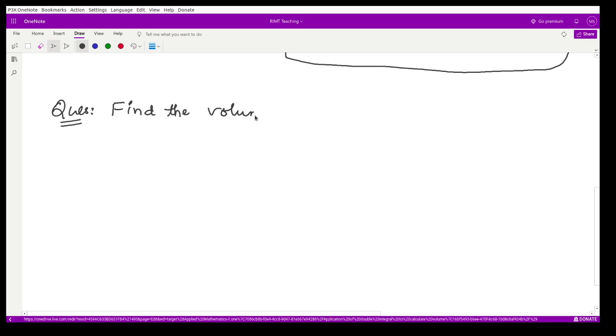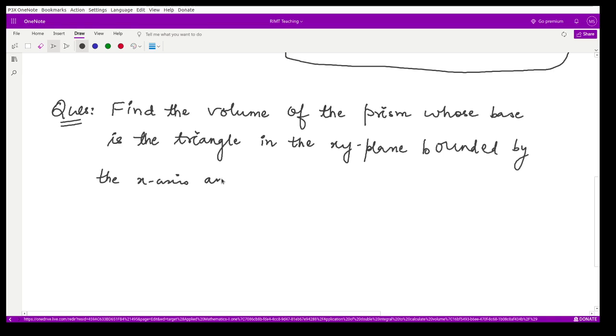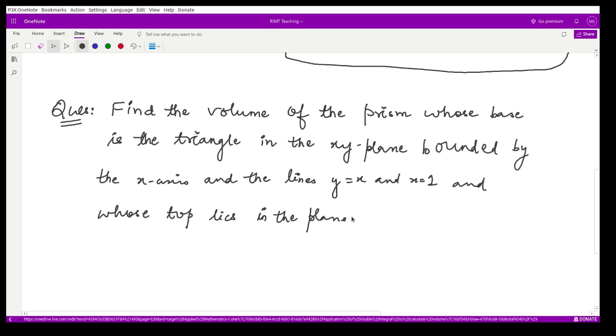So the question is, find the volume of the prism whose base is the triangle in the xy plane bounded by the x-axis and the lines y is equal to x and x is equal to 1, and whose top lies in the plane z is equal to 3 minus x minus y. So this is the question.